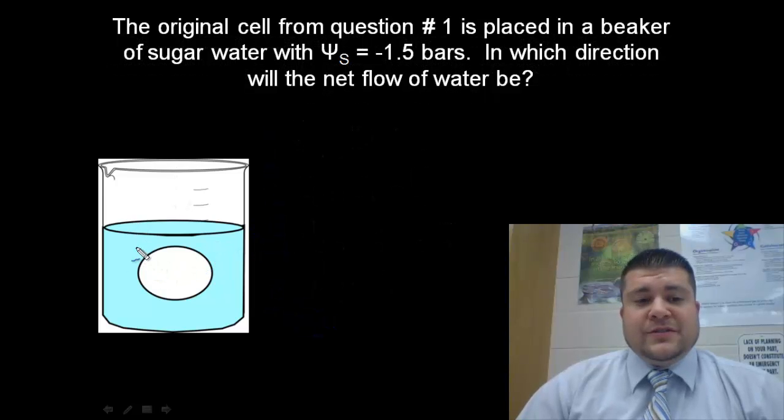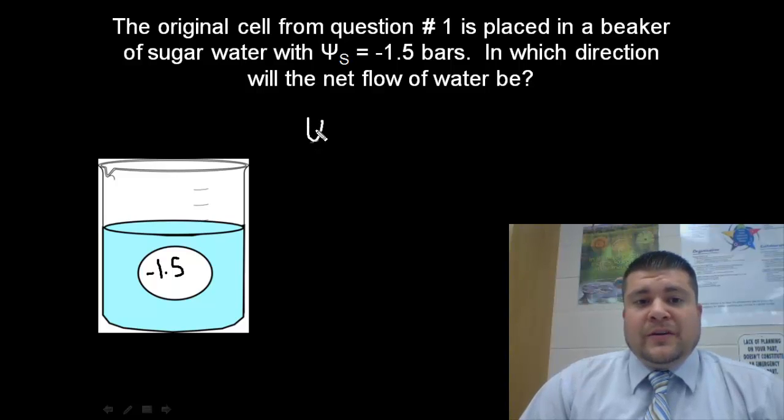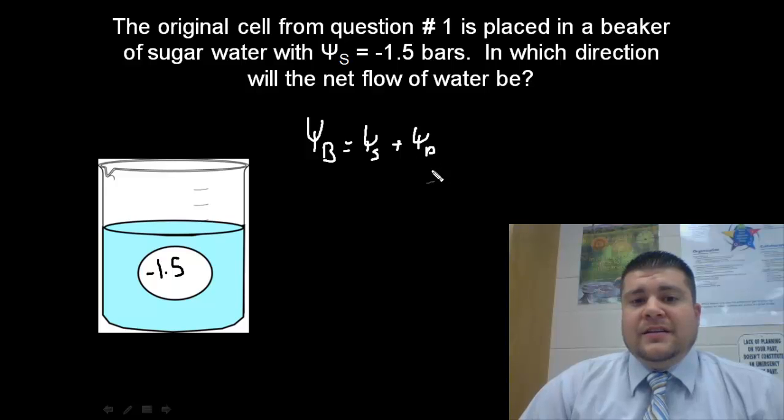What happens if the original cell from question 1, which was negative 1.5 bars, is placed in a beaker with sugar water with the solute of negative 1.5 bars? What direction would that flow be? Again, remember, for the psi of the beaker, we need to know the psi s plus the psi p.